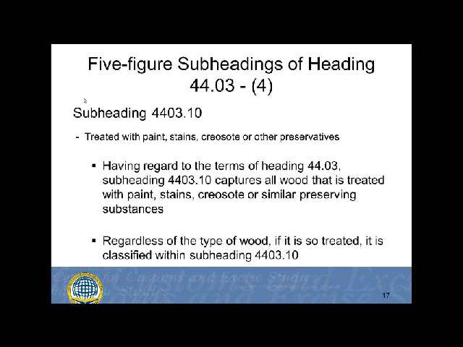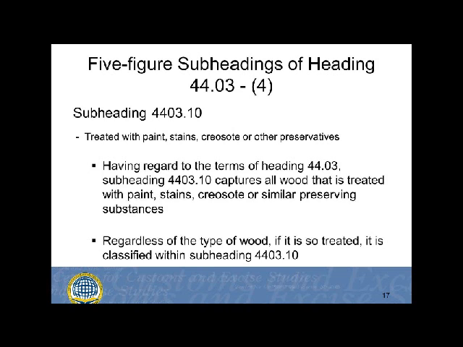Having regard to the terms of heading 4403, which essentially describes wood in the rough, subheading 440310 captures all wood that is treated with paint, stains, creosote or similar preserving substances. In other words, regardless of the type of wood, if it has undergone that treatment, it is classified within subheading 440310.